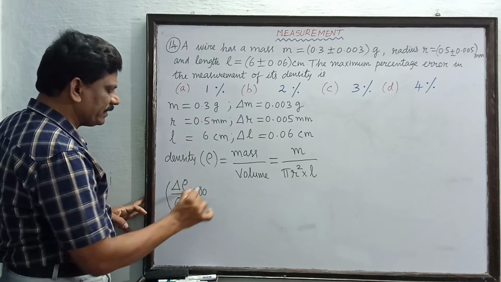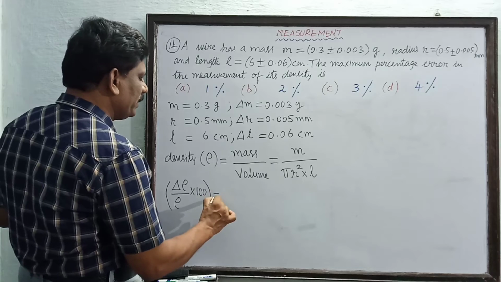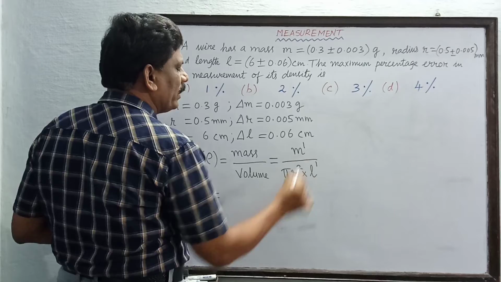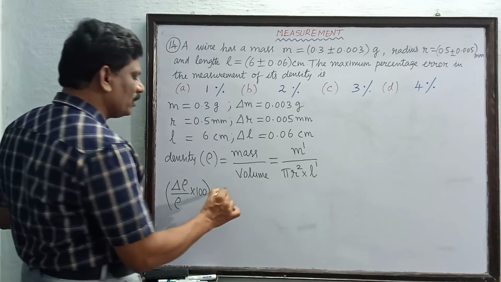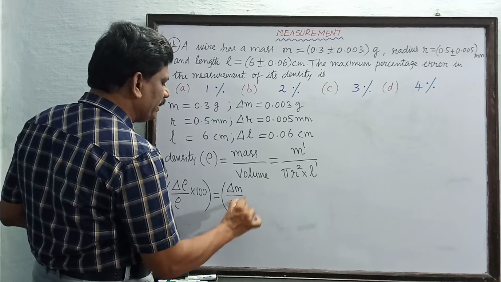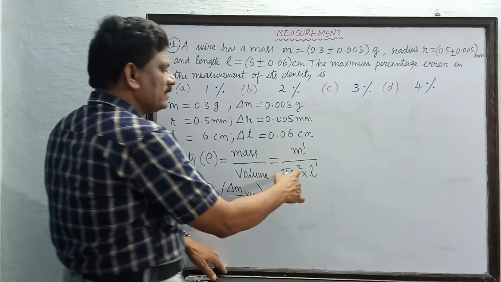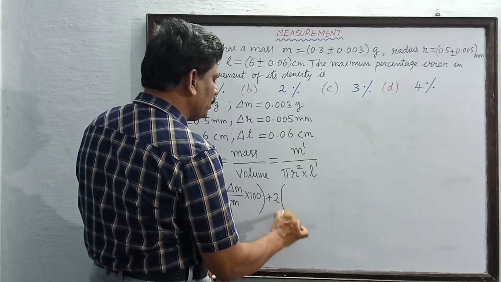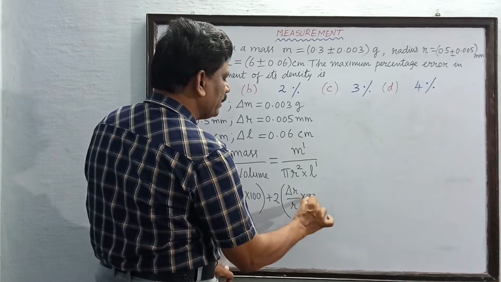This is the percentage error in the measurement of the density. So this must be equal to m raised to the power 1, L raised to the power 1, r raised to the power 2. Therefore, this must be equal to delta m divided by m into 100, plus radius is raised to the power 2, so 2 into delta r divided by r into 100.